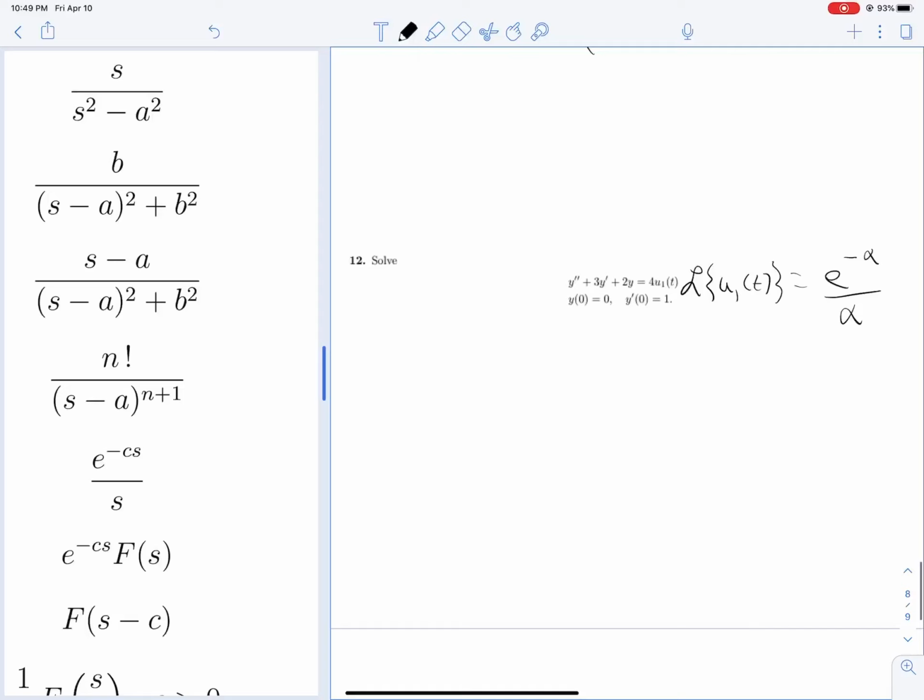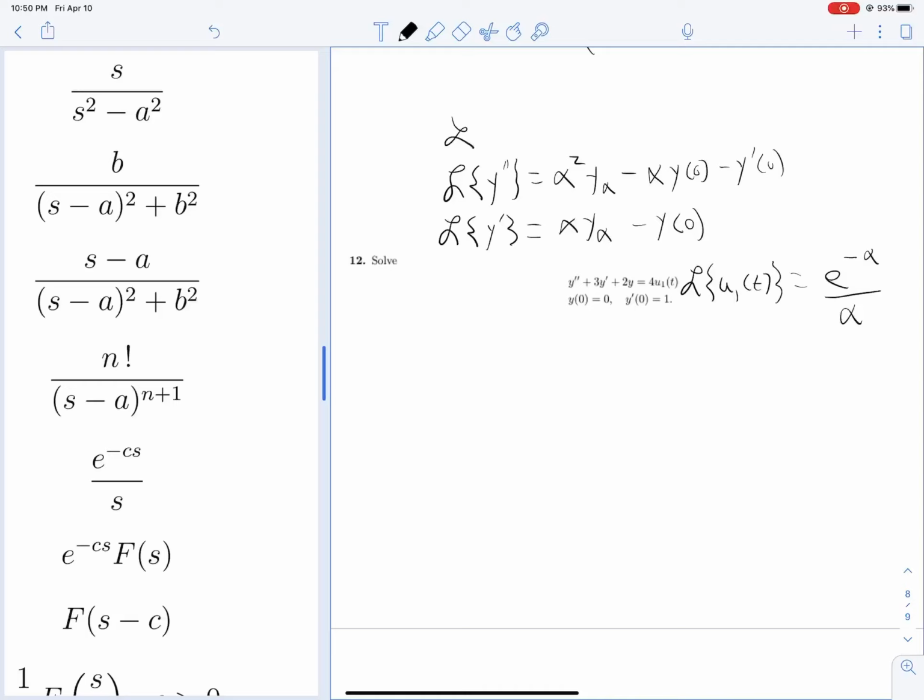So now moving on to all of our derivatives over here, we know that the Laplace transform of y double prime is alpha squared y of alpha minus alpha y of 0 minus y prime of 0, and the Laplace transform of y prime is alpha y of alpha minus y of 0.